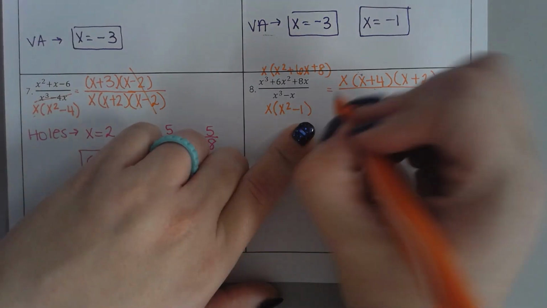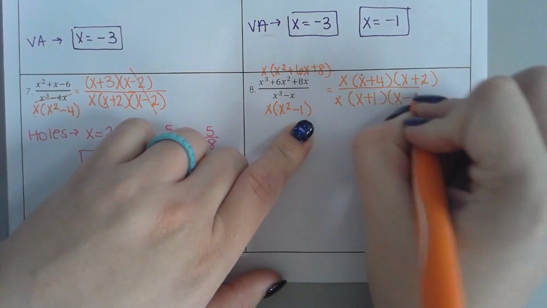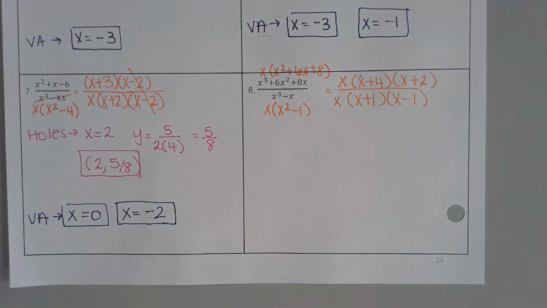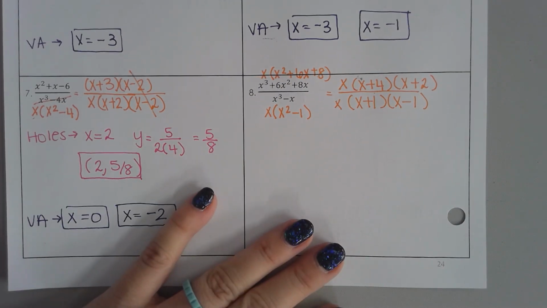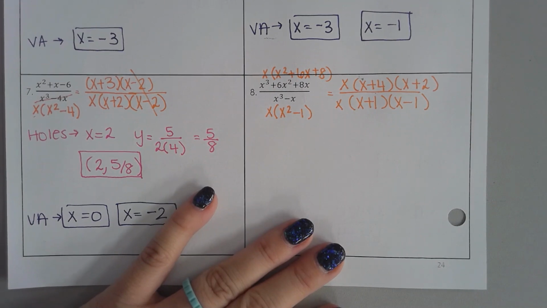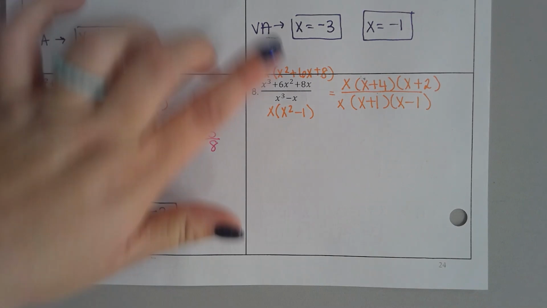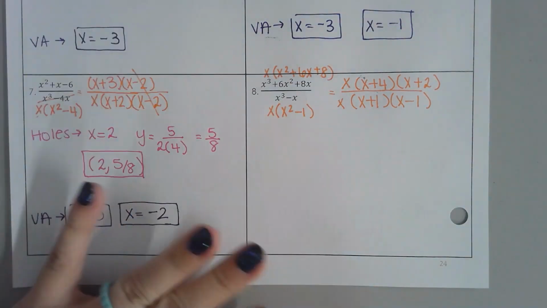So that one factors into x plus 1, x minus 1. Do any factors cancel out on this one? The x. They both have a plain x, so those cancel.